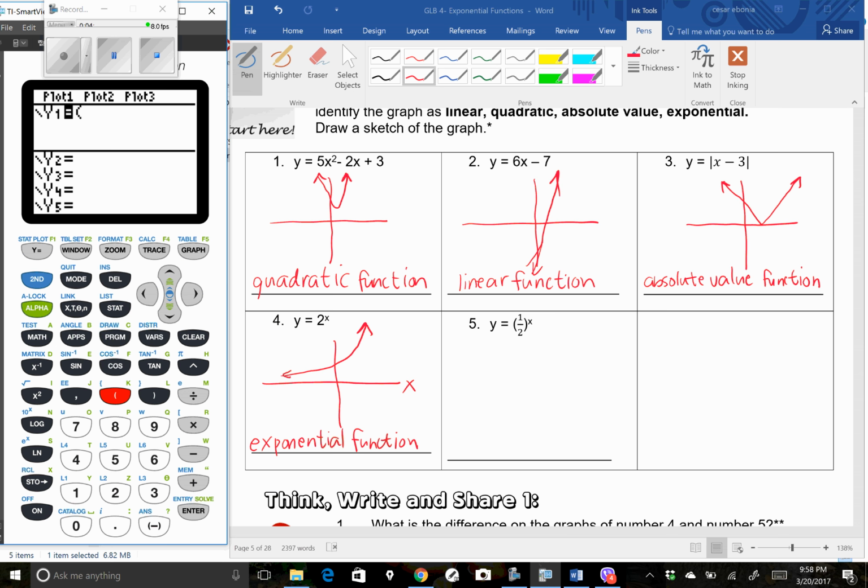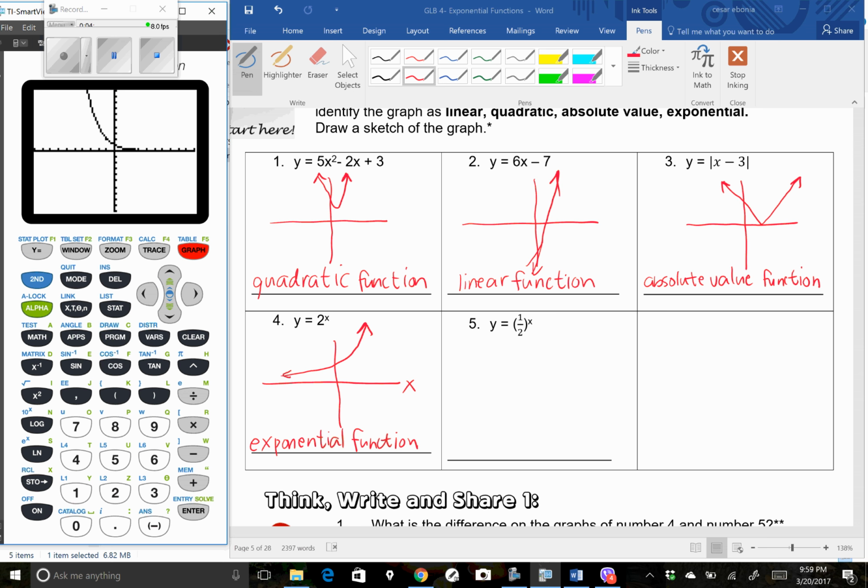To enter a fraction, you press alpha, y equals. The first one is actually a fraction, so just press enter, and now it shows the fraction symbol. So you have 1, go down, 2, then go out, then parenthesis. And exponent x, so this is our exponent symbol, then we have x. And go out and press graph.